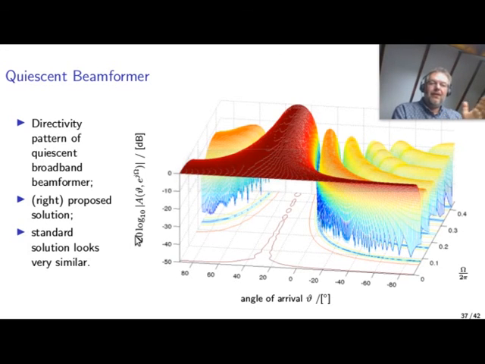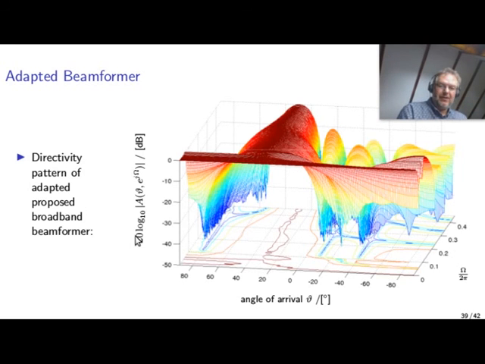It is essentially the same for the proposed and the standard beamformer. What you see here as well is a characteristic of broadband beamforming: the resolution of the beamformer is frequency dependent. So at DC we have no distinction with respect to angle of arrival. The highest resolution that we can get is towards the high end of the frequency range.